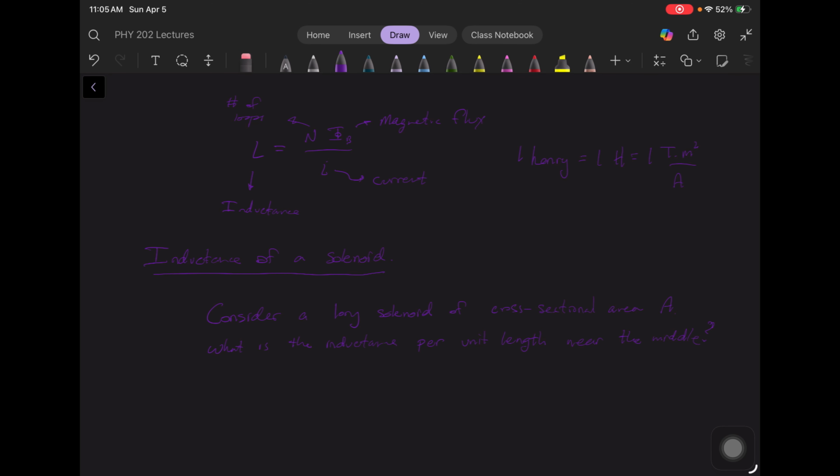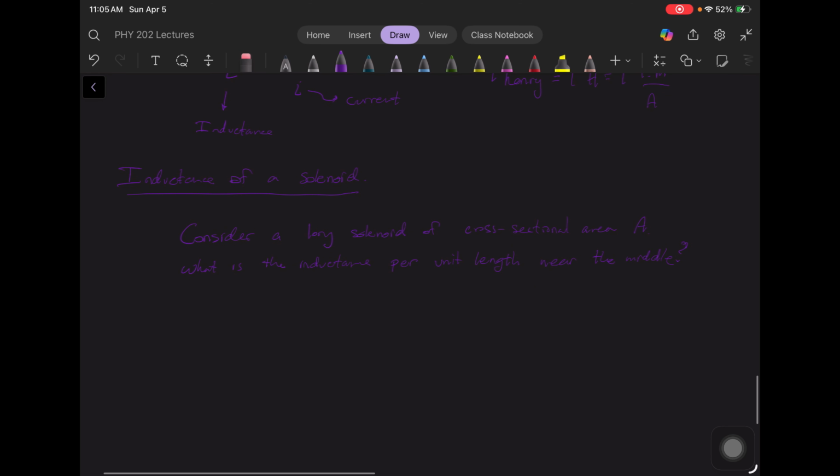And so if we know we're changing, well, let's just look at the total, they call this the flux linkage. Right, and they call it that because we're linking together all the fluxes through all the loops.